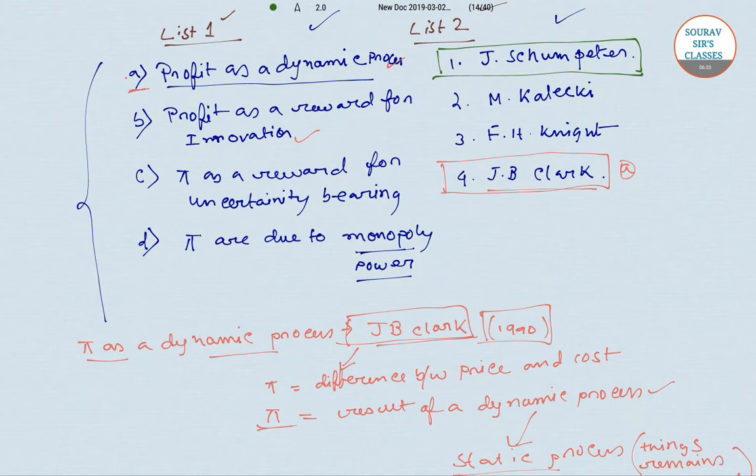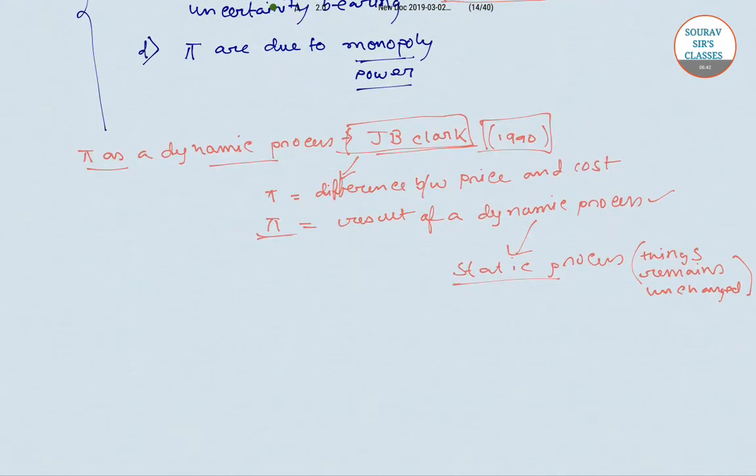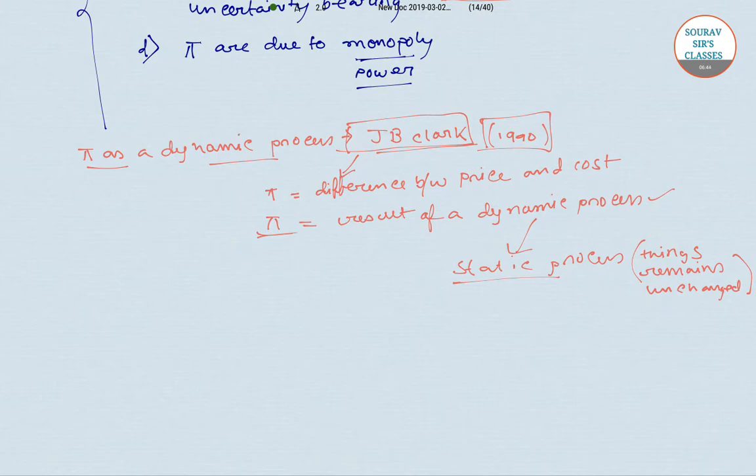So the innovation theory of profit was given by Schumpeter. First of all, we need to remember this. And profit as a reward for the concept that an entrepreneur can earn economic profit.